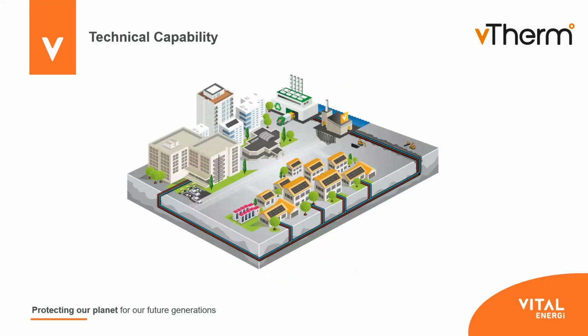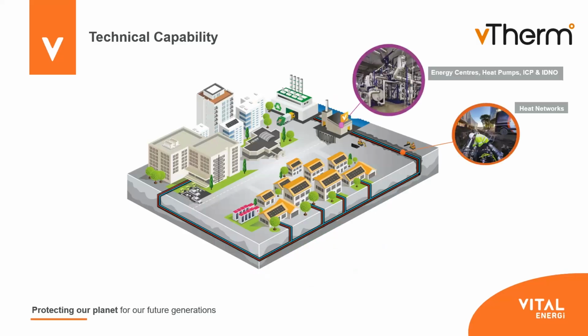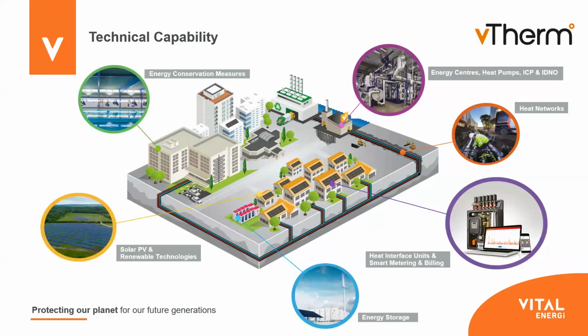So what are our technical capabilities? Very quickly, I will blitz round. We'll deal with anything from energy sensors. That could be waste to heat. It could be boiler. It could be heat pump systems. Our heat network, so all the underground pipework, and we'll go into that in more detail. HIUs, heat interface units, cooling interface units, and also any metering that is required.